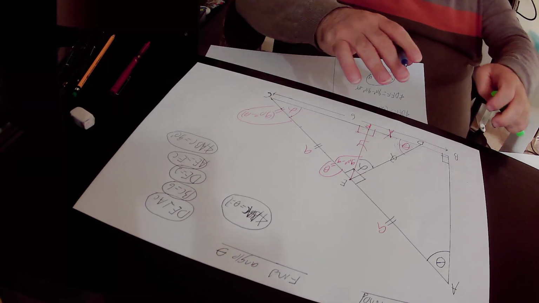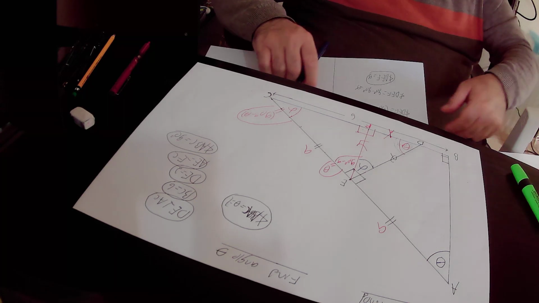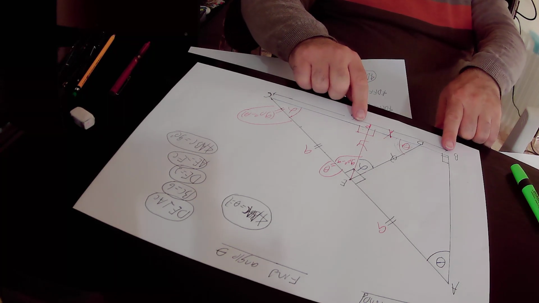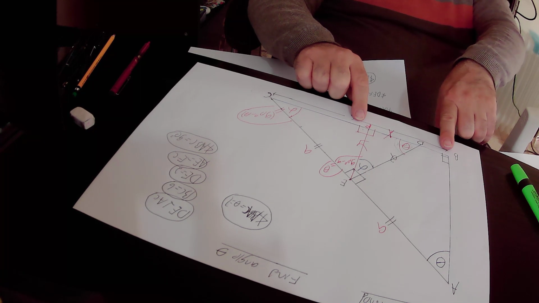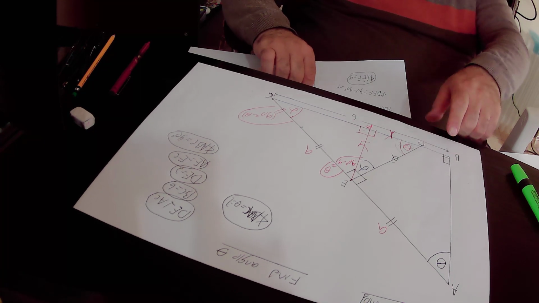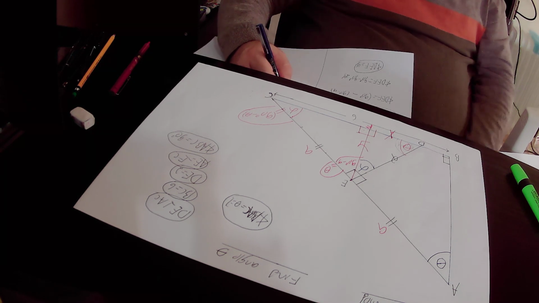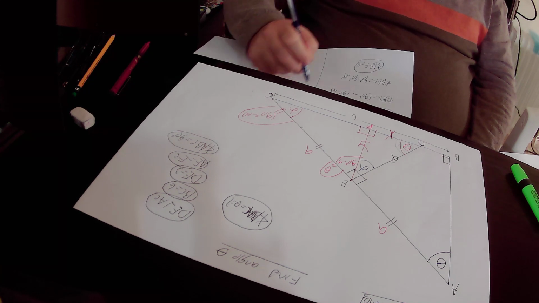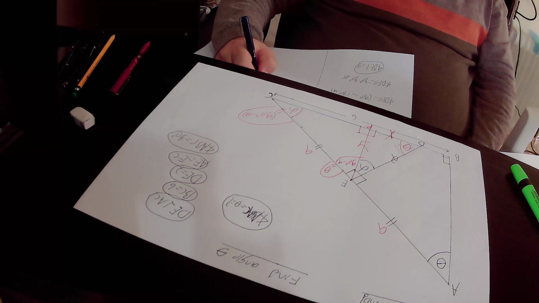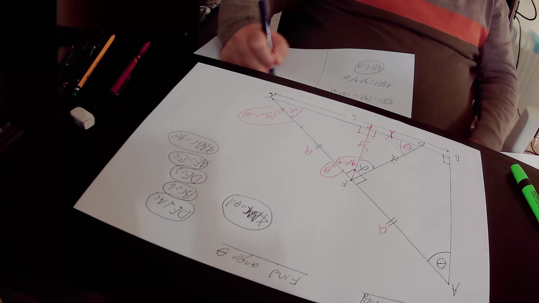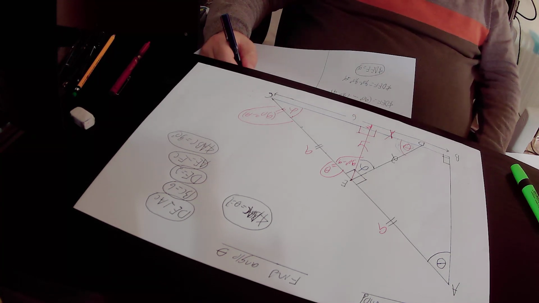So why is triangle ABC similar to the right triangle EFC? First of all, those two angles are equal to each other because they are both equal to 90 degrees. So angle ABC of triangle ABC is equal to this angle that is actually angle EFC, and both those angles are equal to 90 degrees.